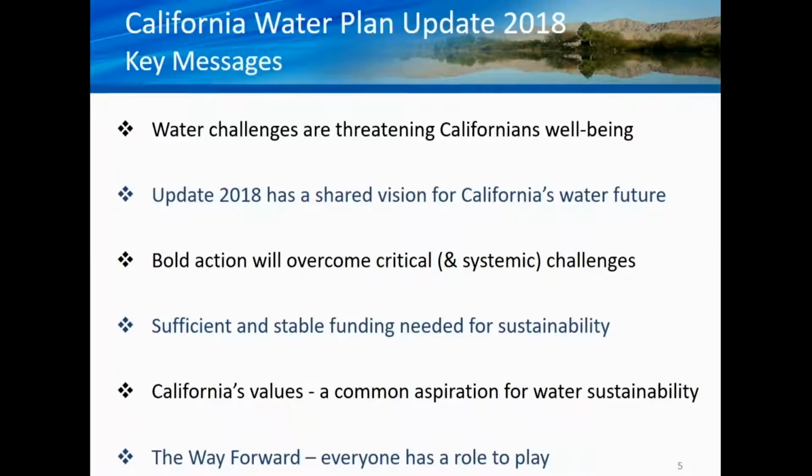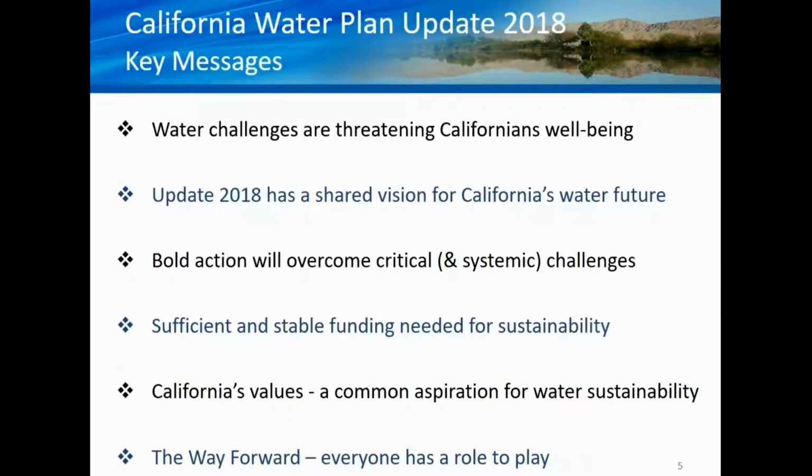One of the things in Update 2013 is we were hearing from all the subject matter experts that there's a number of challenges in whatever field they're actually involved in. But the common thing we kept hearing time and again is that, well, we don't have the proper funding to do this. So one of the things we focused on for this water plan is, what are the details on that funding needs, and then where can we potentially come up with those funding needs.